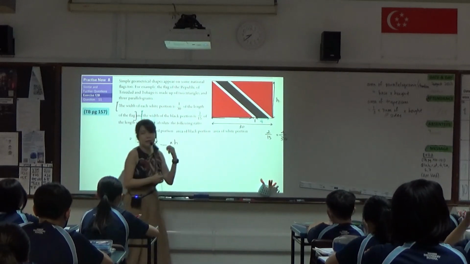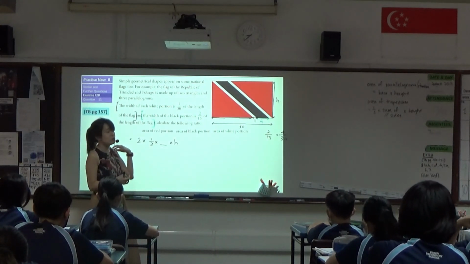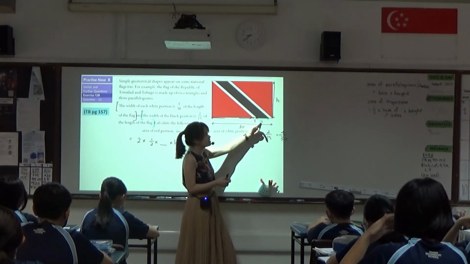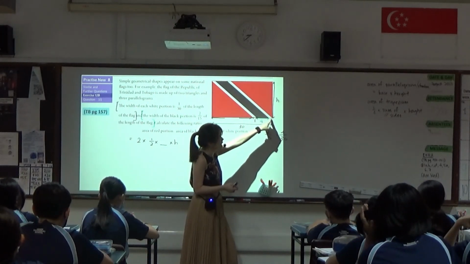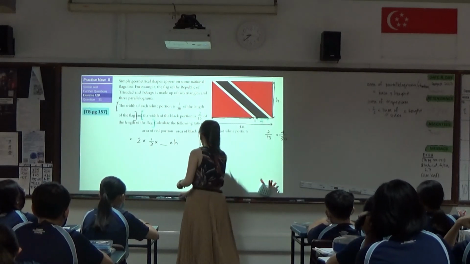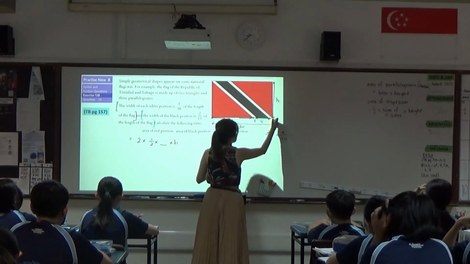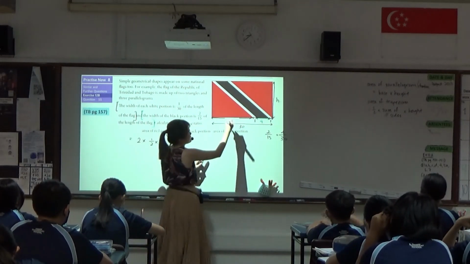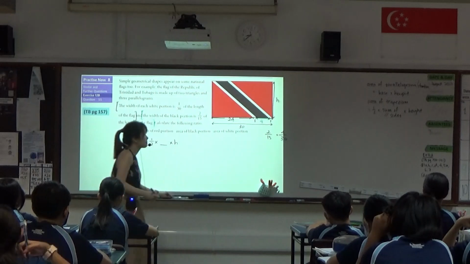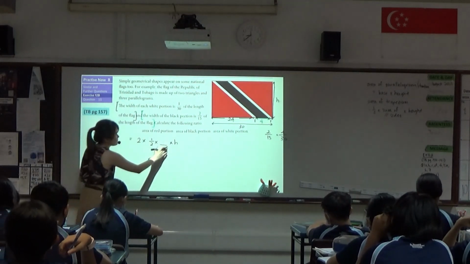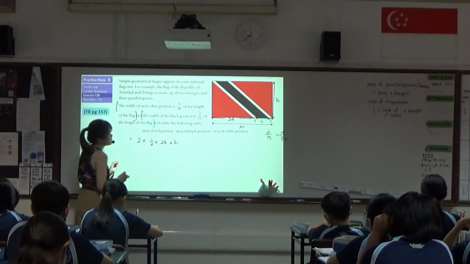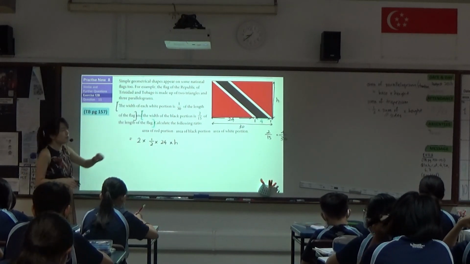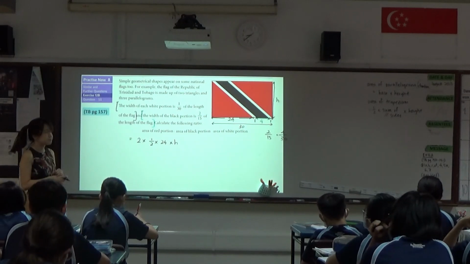How long do you think the base will actually be in terms of units? 30 minus away 1 minus 4, and not forgetting there's also 1 unit over here. So I will take 30 minus away 6 and that will give us 24. So half times 24 times h will give us the area of 1 triangle, followed by times 2 for the area of the 2 triangles.